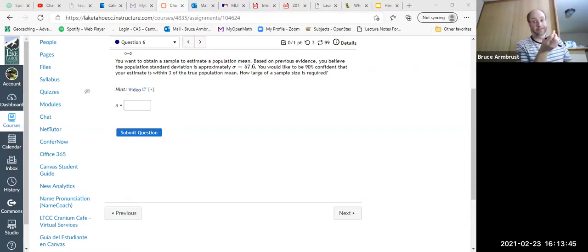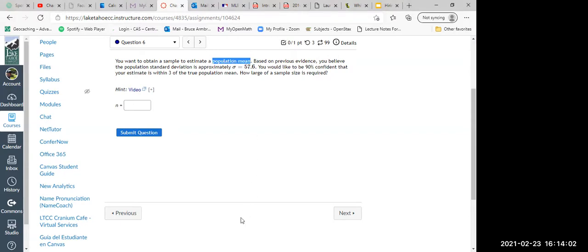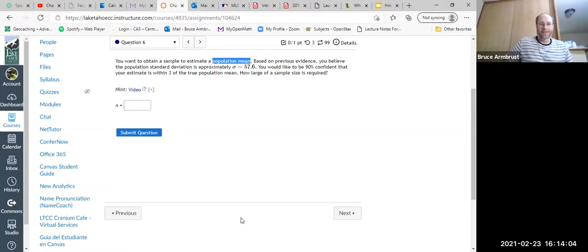All right, so same question as with the first one. Are we doing a mean or a proportion? And it should jump out at you. Yeah, it's yelling at you, right? We want to estimate a population mean. Okay, so we're going to estimate a population mean.